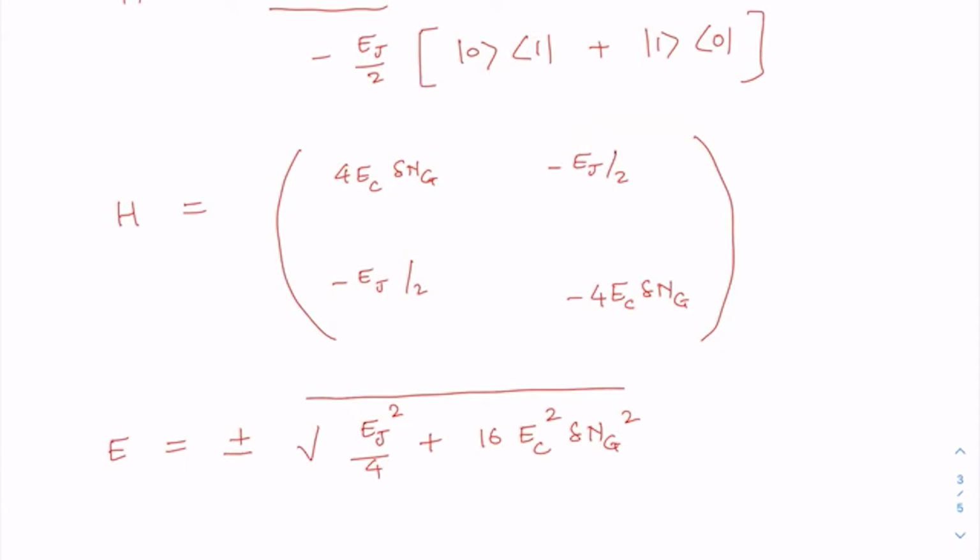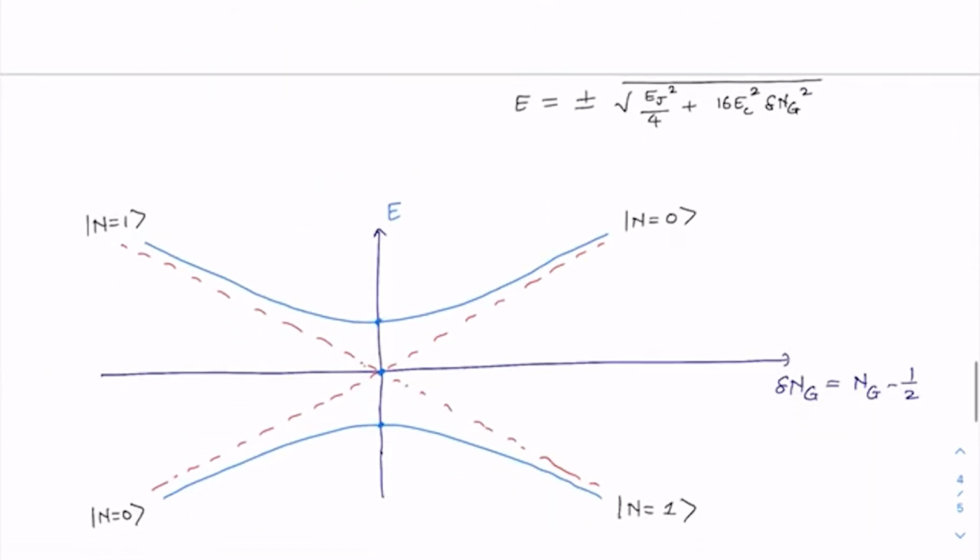Just like in the case of the two-level atom or two-level system that we discussed in module 1, here also if we plot the energy eigenvalue as a function of this controllable parameter delta Nz, we will get a typical plot like this one.